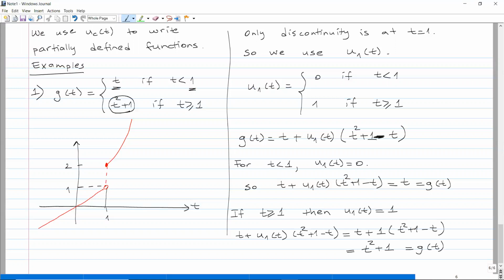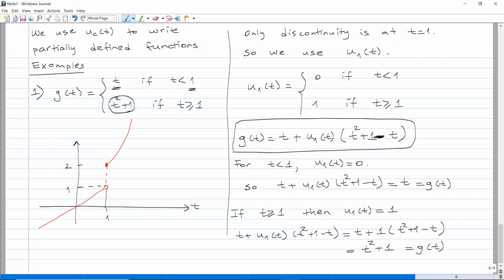So I write my function g using the unit step function at t equals 1 in this way. I start with the first function, t, use the unit step function at 1, and take the second function minus the first function.